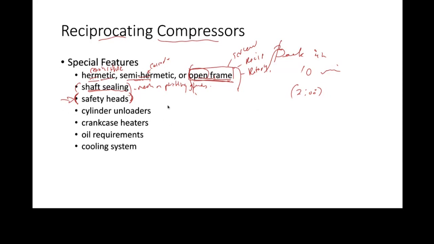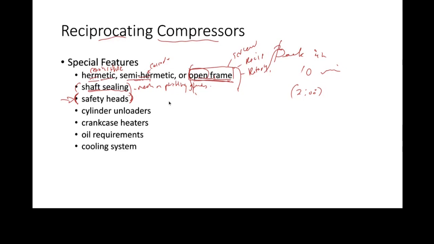If we have overfed the evaporator and we've got a low load condition, we could get liquid being carried over. And in case that happens, because the liquid is incompressible, instead what we're going to do is take the valve head, or the valve plate, or the entire head actually, and hold it in place with a massive spring. And the assembly is called a safety head.